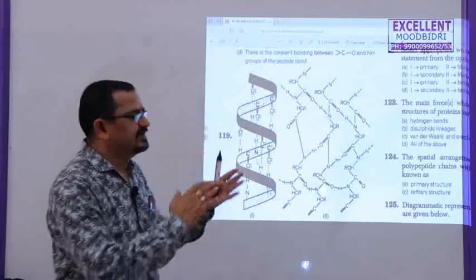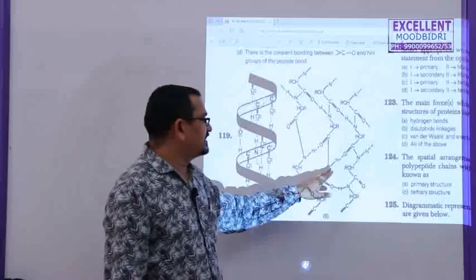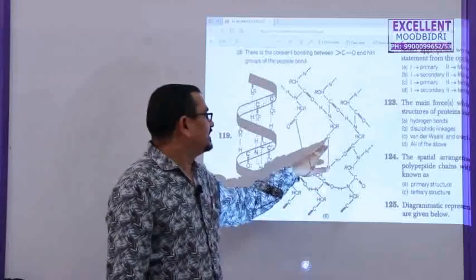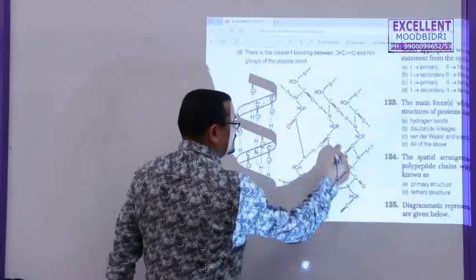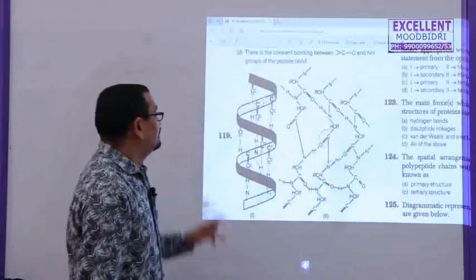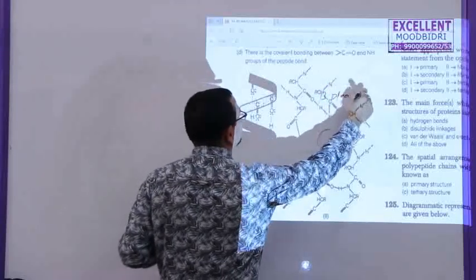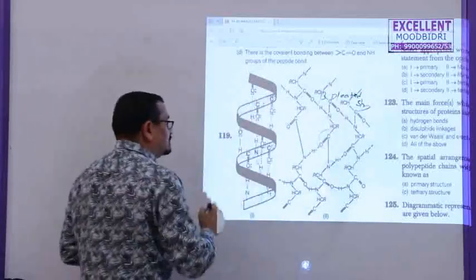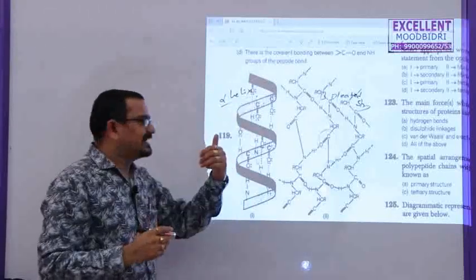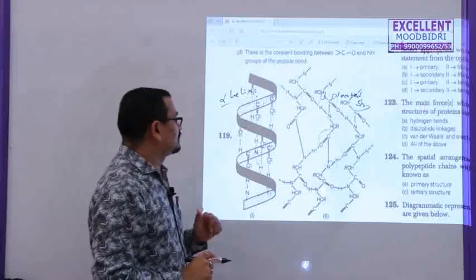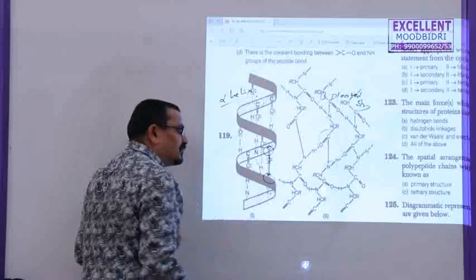Beta pleated means side by side chains with hydrogen bonds between NH of one chain and CO of another chain. When it comes to the alpha helix structure, it is coiled in a right-handed screw model where hydrogen bonds are possible between NH and CO of the same protein chain.